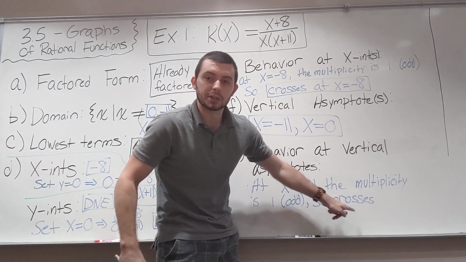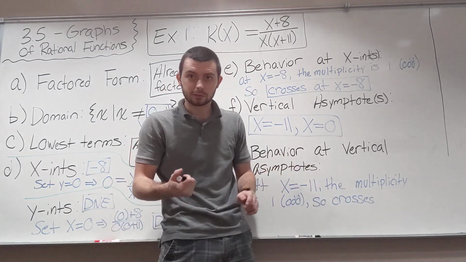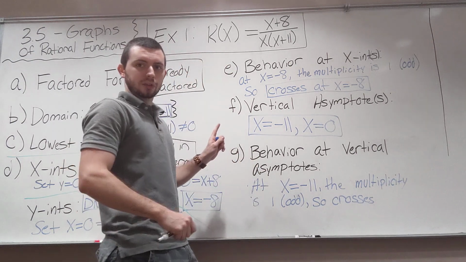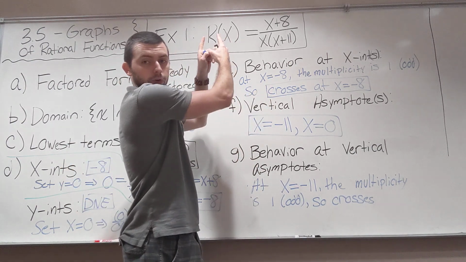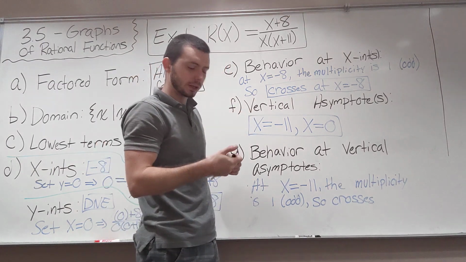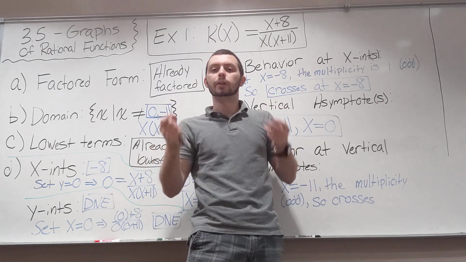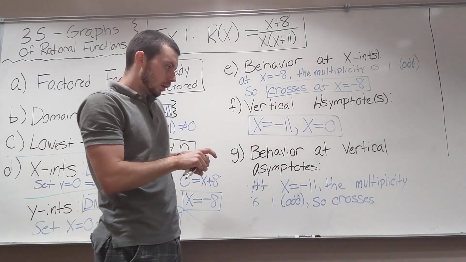That's what the generalization is here. If I were to scratch out crosses and put touches, then if one side went to positive infinity, the other side also goes towards positive infinity. There's no alternation there. The infinity of the asymptote does not alternate.